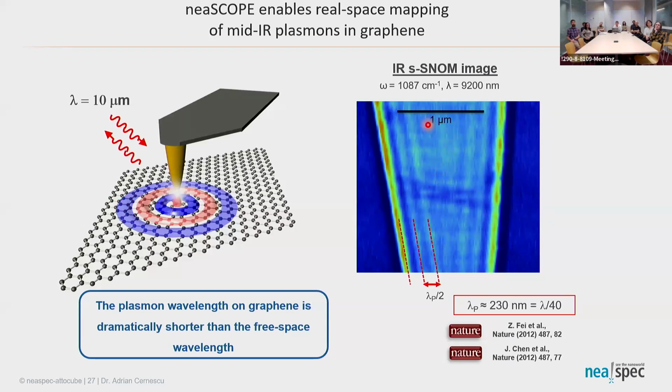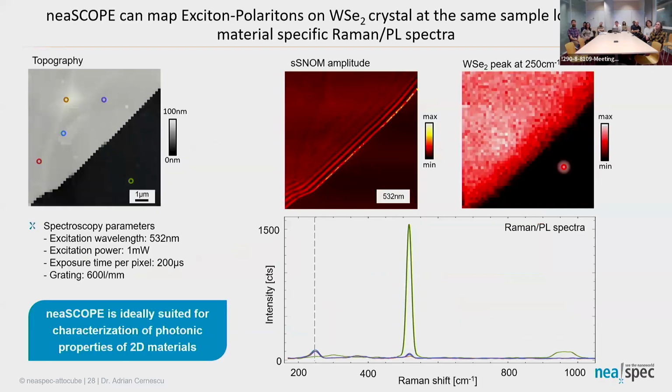And then when you are scanning such a graphene flake, you observe in different locations the interference between these polaritons. This is very important for optoelectronic devices, and the SNOM is one of the best techniques for making this characterization of the 2D materials.